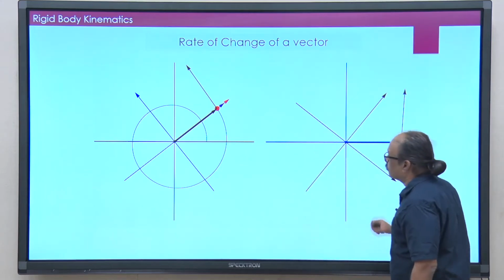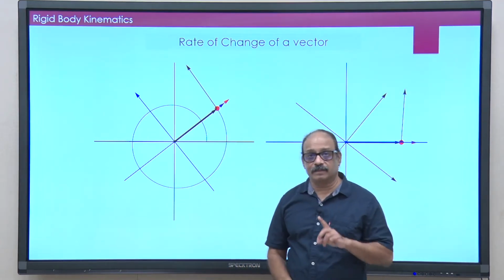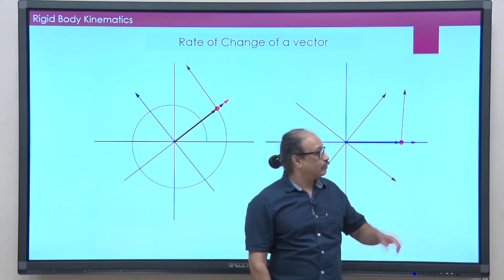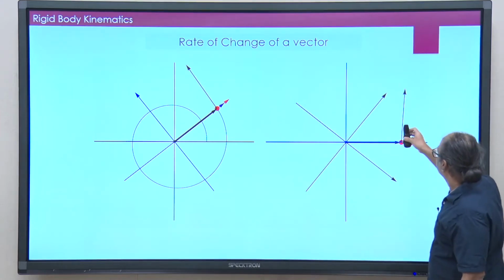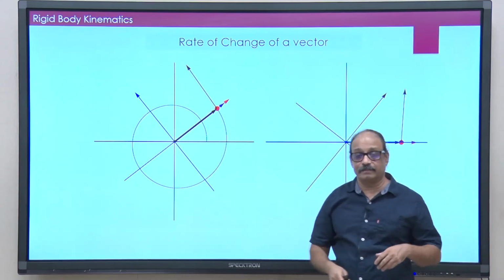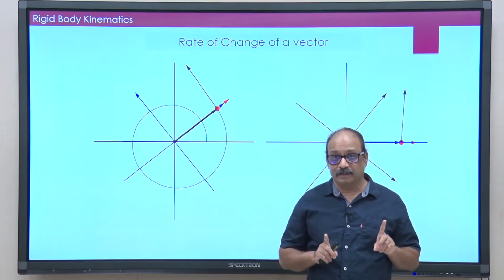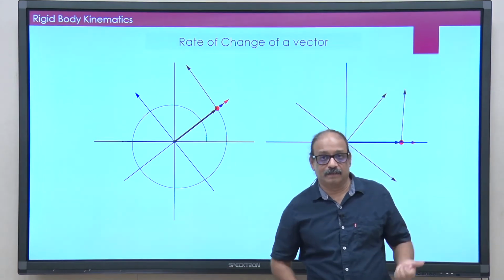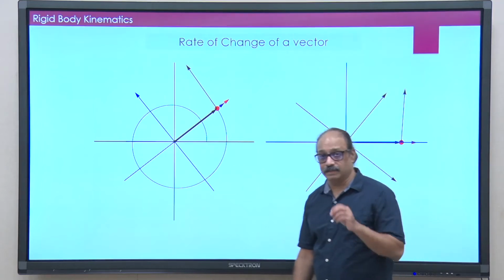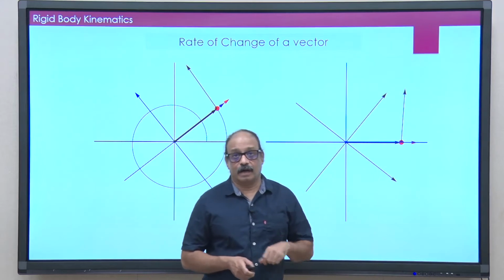The black arrow is tangential to this spiral, and that is the velocity measured in S frame, but this same velocity vector can also be seen from S prime frame, which is shown here, and these two vectors, the black one here and the black one here, are the same velocities measured in S frame. It is a vector, but it can have different components in different frames. That is a separate issue, but what is important to note is that the velocity vectors are different.